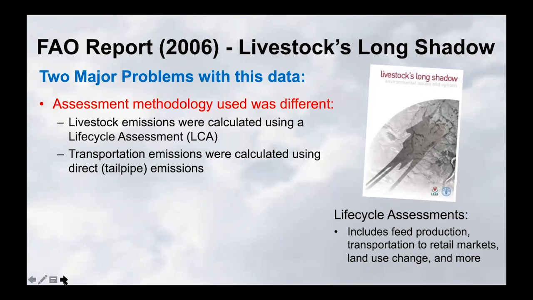So in the developing countries, if they were destroying rainforest to put in pastures to graze cattle, they charge that loss of rainforest as a greenhouse gas for the livestock. But when they looked at the transportation, the vehicles, they only took tailpipe emissions. They only used direct emissions. Those are two entirely different scenarios. And so one, they're counting everything, and the other one, they're only looking at a tiny little slice.